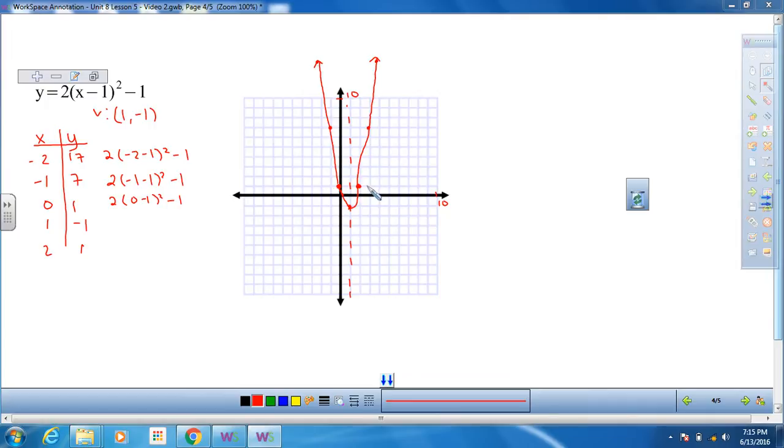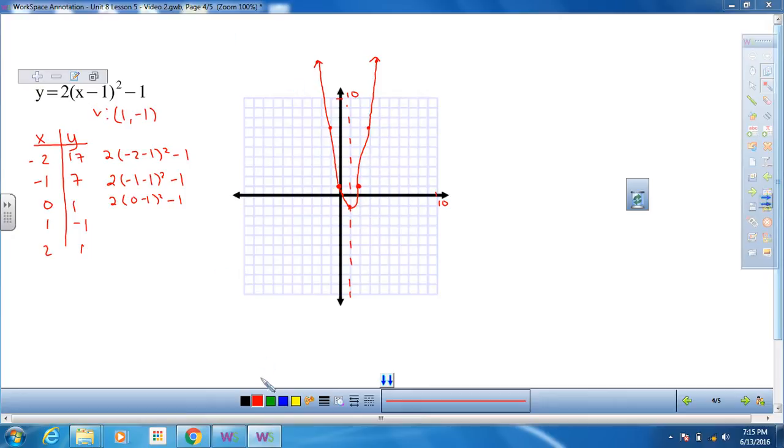Sorry about my drawing again. This board that I'm using is pretty sensitive, and so it's still not that great at drawing these graphs in. Okay, so the difference here is the parent function.